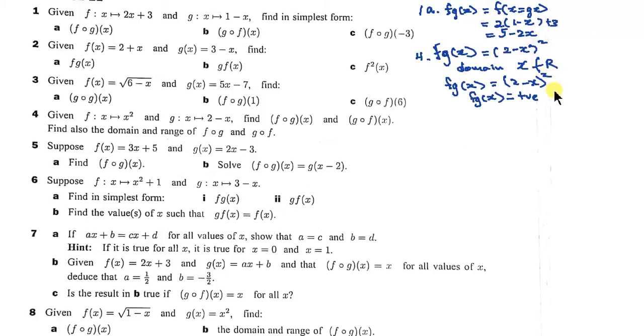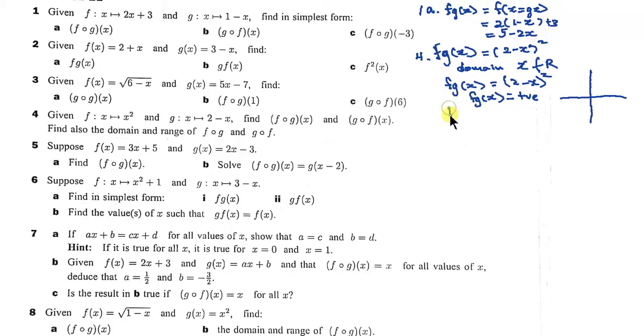Okay, so let's sketch the graph. Sketch the graph first. What I mean is this. Now x can be any value, but y can never be negative. And what is the minimum value of y?